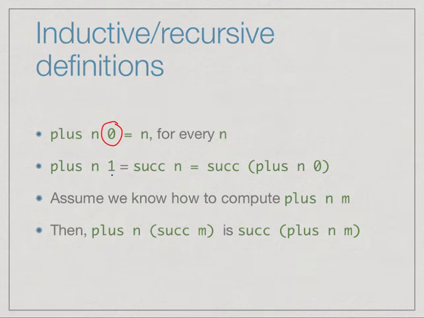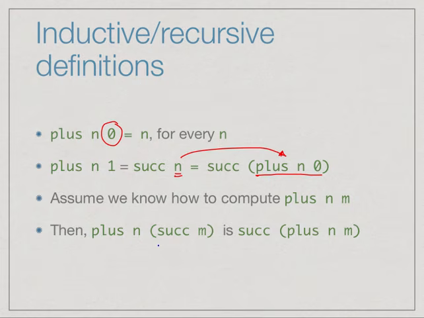Now plus n 1 consists of adding 1 to n. But we can also think of applying the previous value 0. So we get plus n 0. So we just don't think of it as n, but we think of it as the base case. And now we apply successor to the base case.